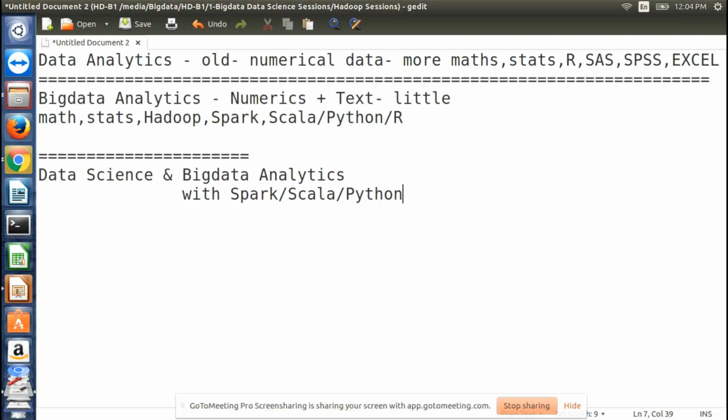Then machine learning in this. Here what I am going to cover: completely big data analytics life cycle, machine learning algorithms, Hadoop, Spark, Scala language, then introduction to Python and R. Because Spark is capable of integrating with R and Python.